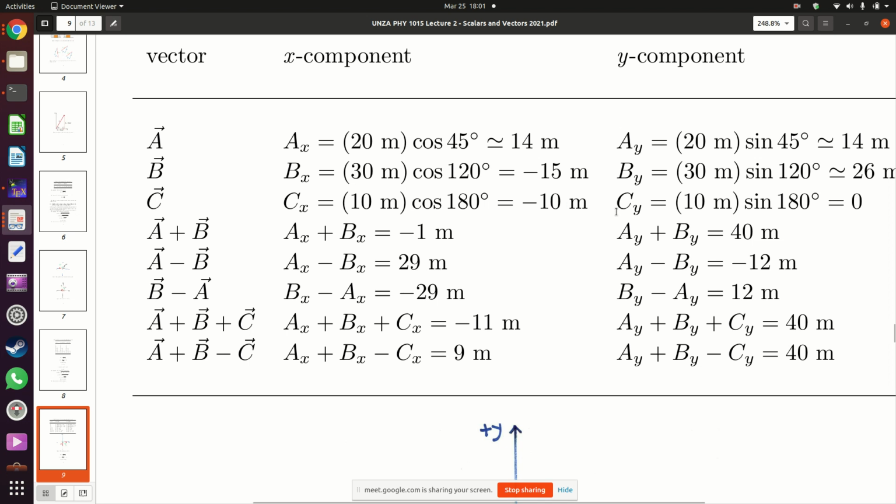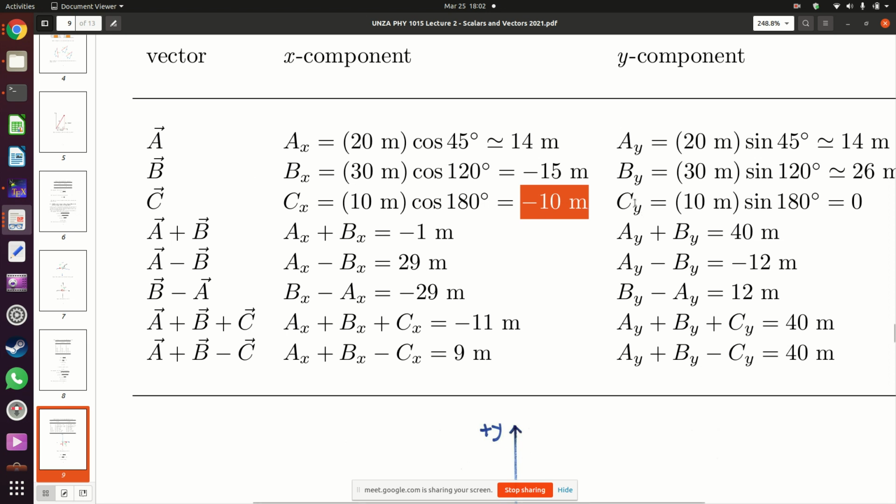Then Cy is how much of vector C is along the y direction. You multiply the size of the vector, 10 meters, times sine 180 degrees, and that gives you 0. So in this case, vector C only exists along the x-axis, and it points in the negative x direction.